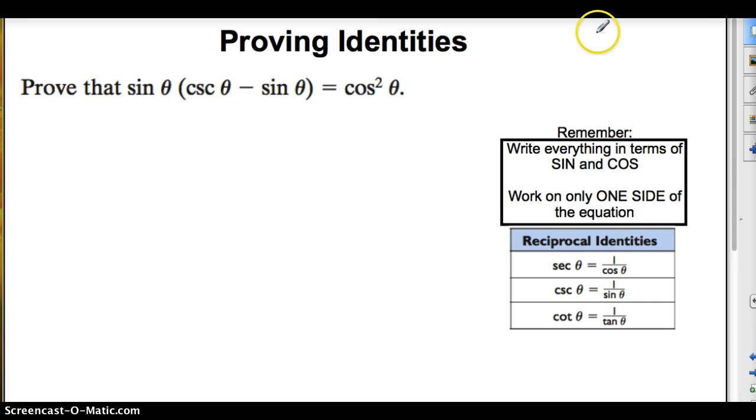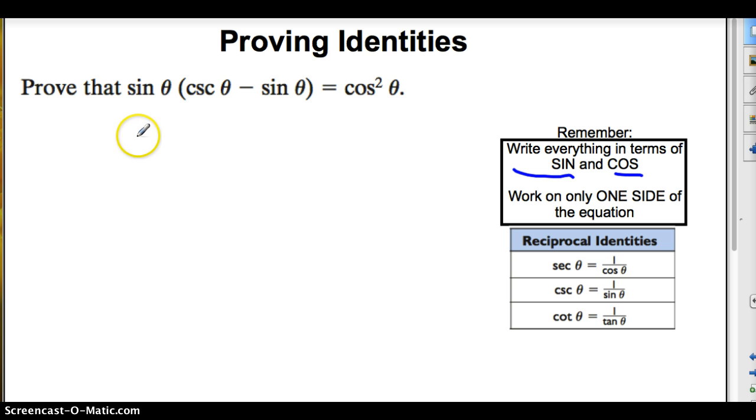Here's where it gets a little tricky, okay? Now, like I said, we're going to work on only one side of this equation, and we're trying to prove that sine theta times cosecant theta minus sine theta is equal to cosine squared theta. The first step is always write everything in terms of sine and cosine, all right? That's going to help us prove it.